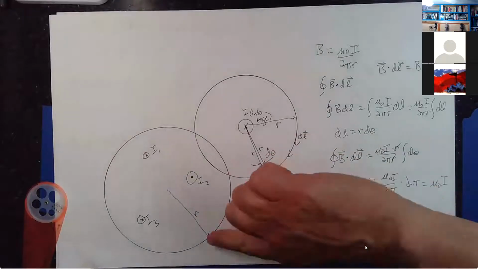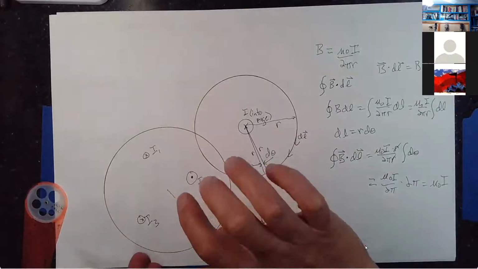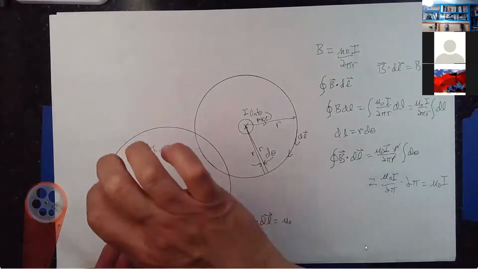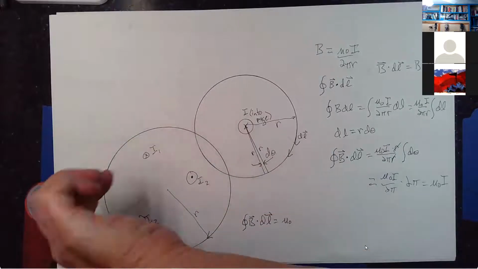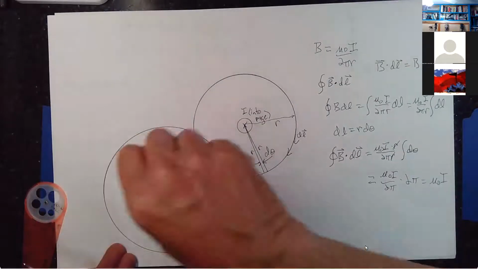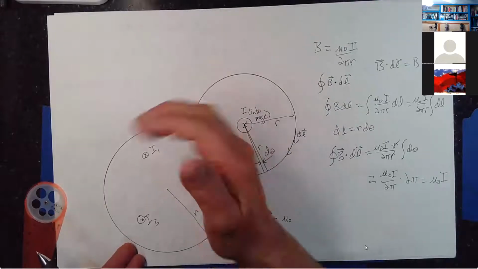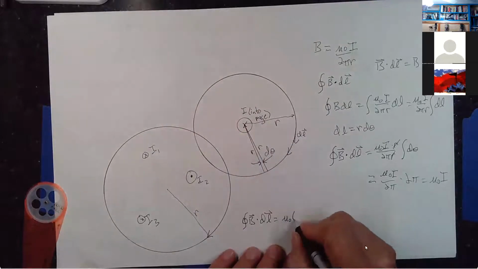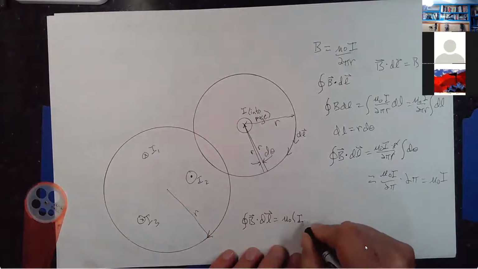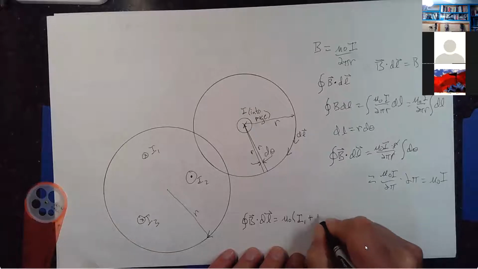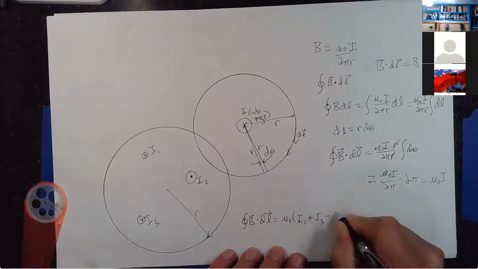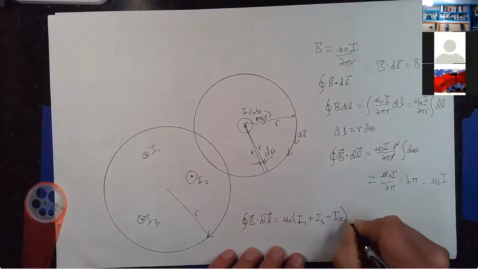If I'm integrating in that direction, currents that produce magnetic fields in that direction will produce positive ones. If they're going opposite, like that one, it produces a negative, so it ends up being I1 plus I3 minus I2.